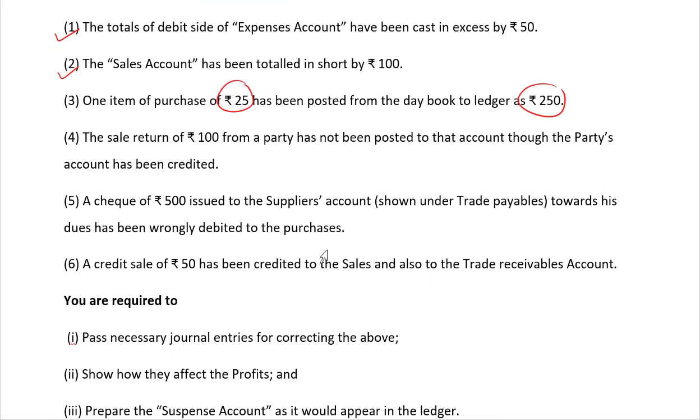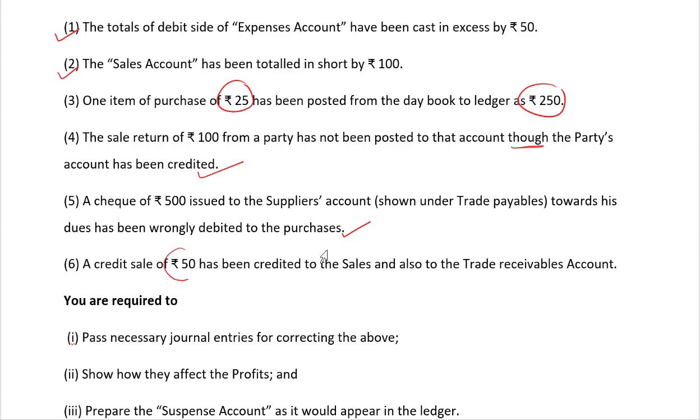The sale return of 100 from a party has not been posted to the sales return account, though the party's account has been credited. A cheque of 500 issued to a supplier shown under trade payables towards his dues has been wrongly debited to purchases.